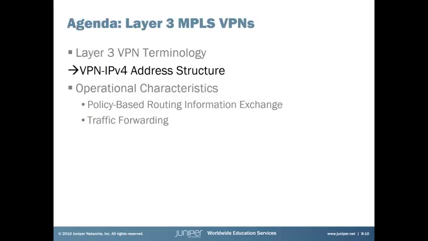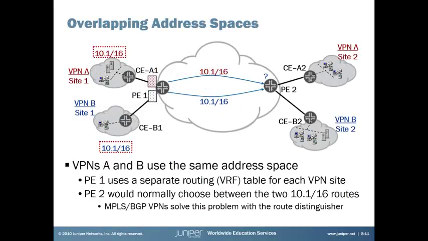Alright, now let's talk about how we get this done. Let's just say, for example, we have a situation where we've got customer red and customer blue, with VPN A and VPN B, and let's just say these two customers are using exactly the same address space.